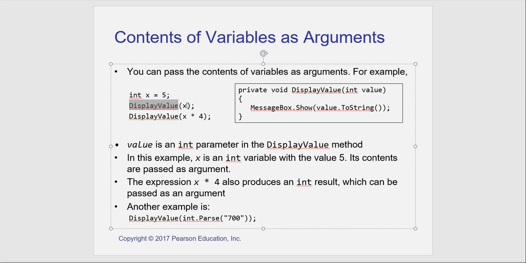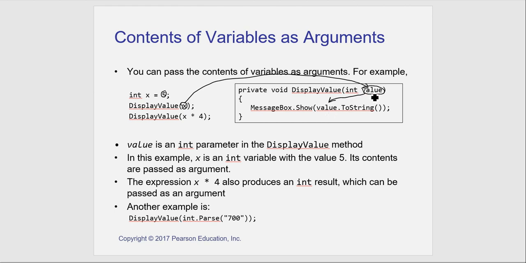We take that 5 from x and pass it into the method here, into value, so value will become 5, and then the value is passed into the method, and that becomes 5.